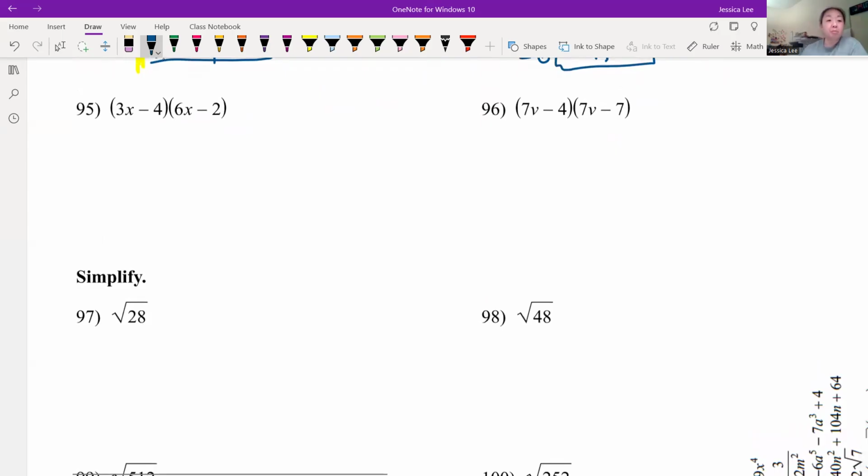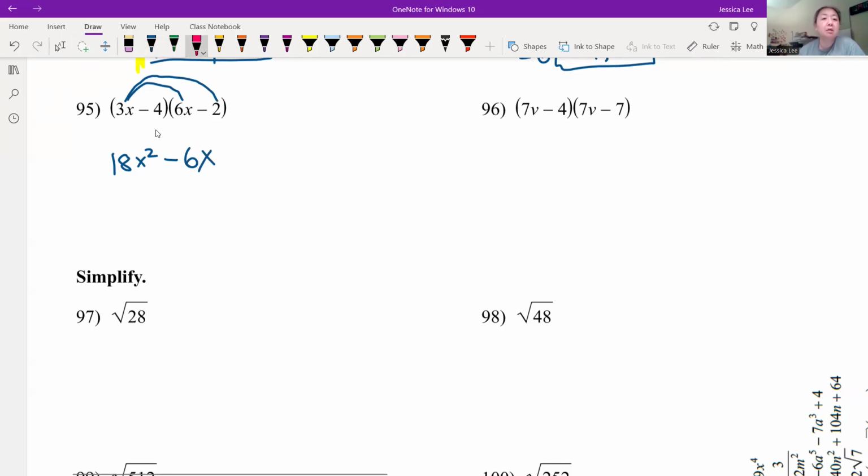This time I'm going to show you the FOIL method. If that strikes your fancy, some of you guys were already doing that. 3x times 6x is going to be 18x squared. Just literally doing distribution. 3x times negative 2 is going to be minus 6x.